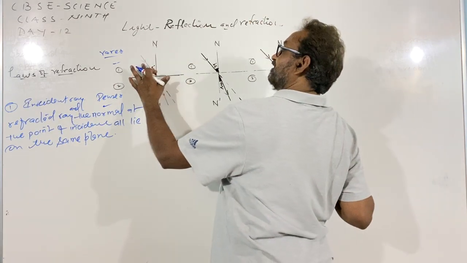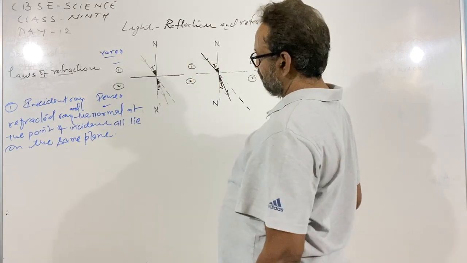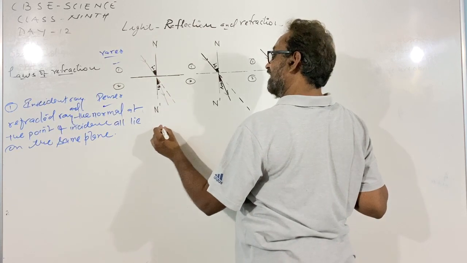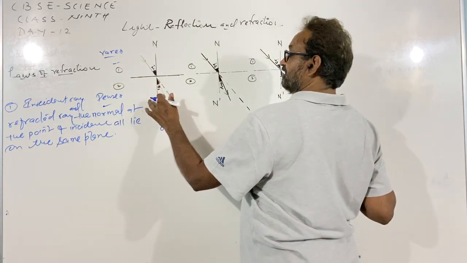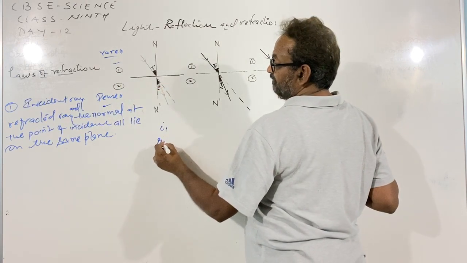Now, angle between incident ray and the normal is called angle of incidence. In this case, the angle of incidence is I1, and the corresponding angle of refraction in the second medium is R1.